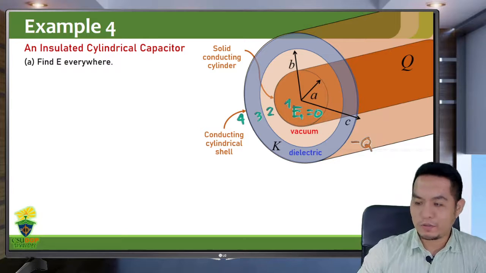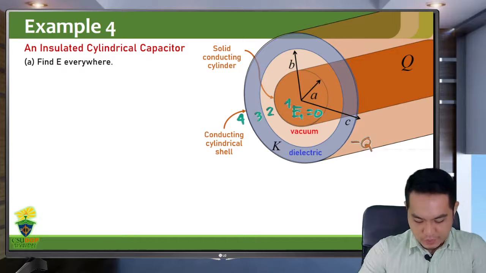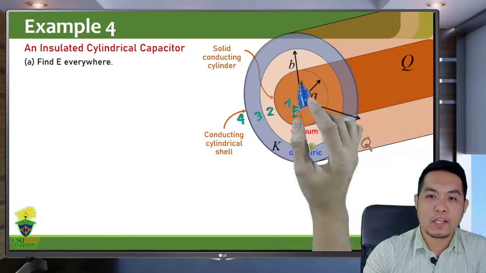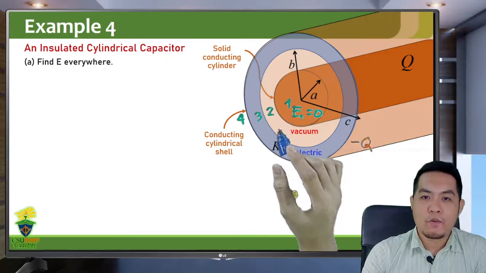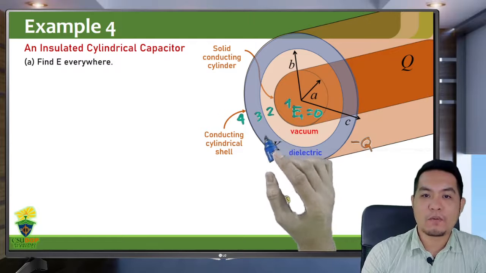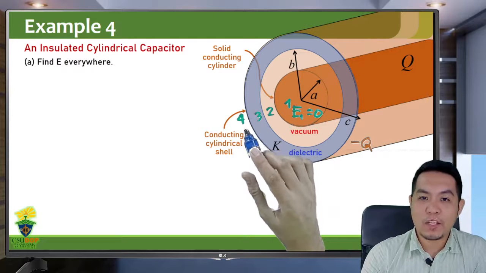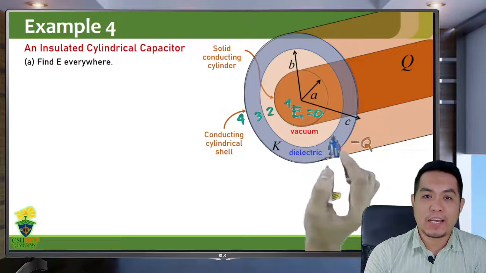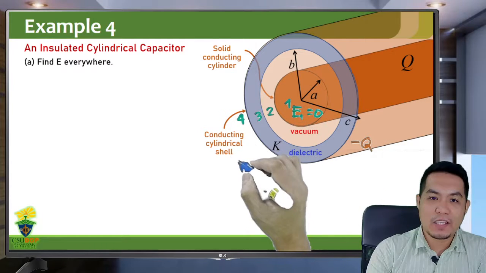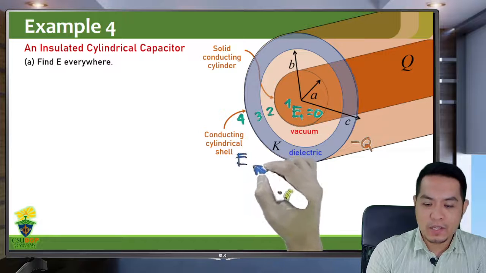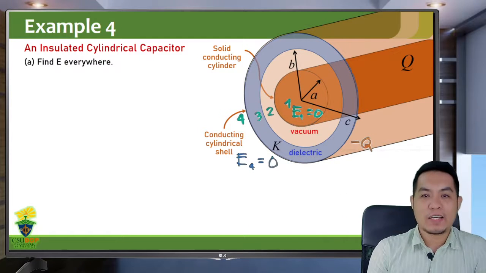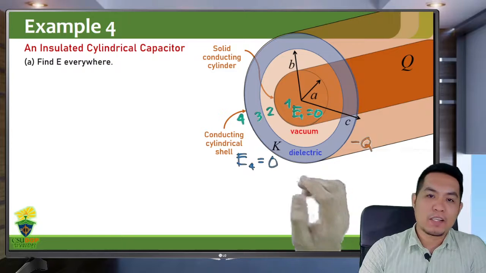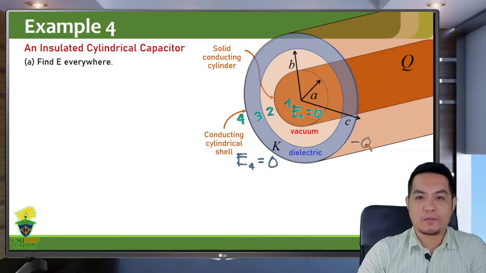There's no electric field inside the conductor because charges only reside at the surface. For region 2, it's non-zero. For region 3, it's non-zero. But for region 4, since the total charge enclosed is positive Q and negative Q, it's 0, so the electric field is also 0. The only non-zero electric fields are in region 2 and region 3.